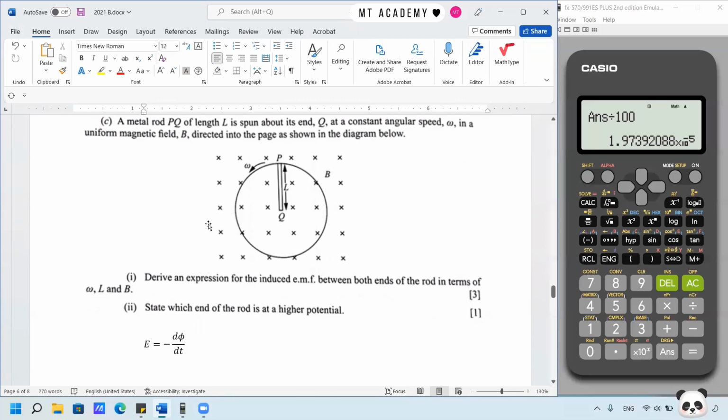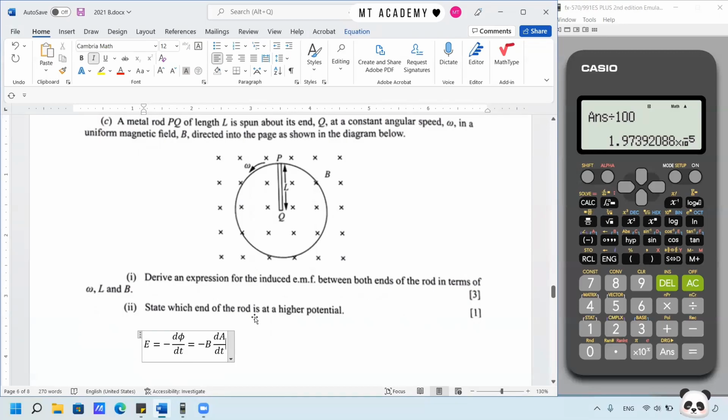The rod is rotated, so what we can see is there's a change in area. Previously it was a change in the magnetic flux density. So here E is equal to negative dΦ/dt, which is equal to negative B dA/dt. Next we need to identify the area and the time. Let's say it travels a complete circular path.